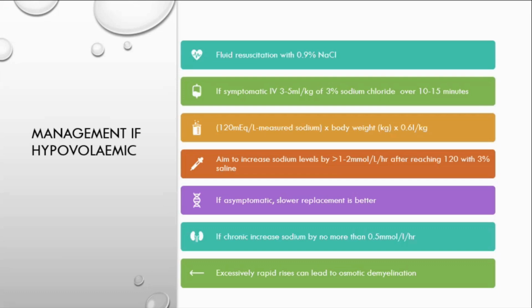And then if it's a chronic change in sodium, then you want to increase it by no more than 0.5 millimoles per liter per hour. So you want to go really slowly if it's chronic, because we have those changes in the osmolytes. And so we want to really give the brain time to adjust the concentrations. So if there's an excessively rapid rise, it can then lead to osmotic demyelination.